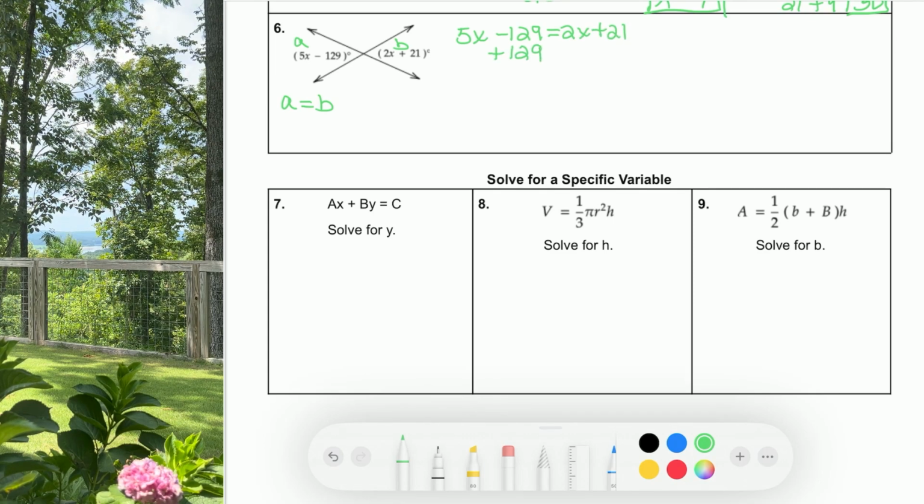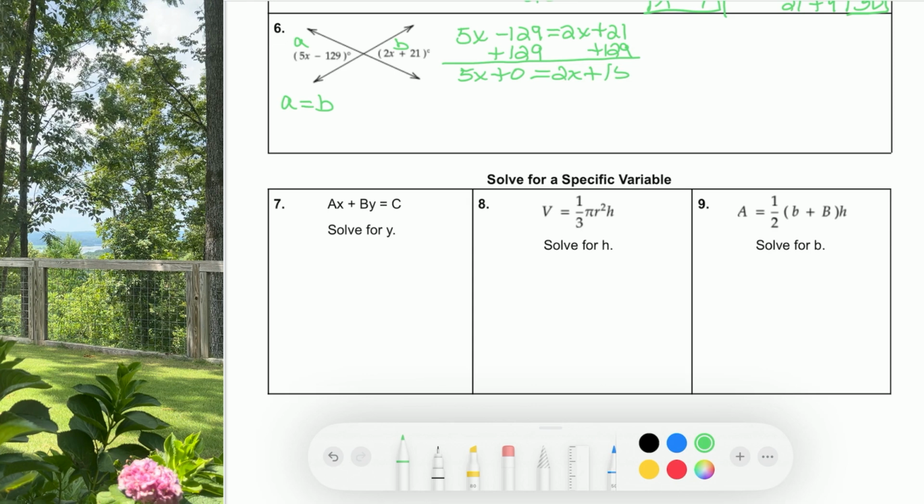Add 129 to both sides. End up with 5x plus 0 equals 2x plus 150. 5x equals 2x plus 150. Now I can subtract 2x from both sides.